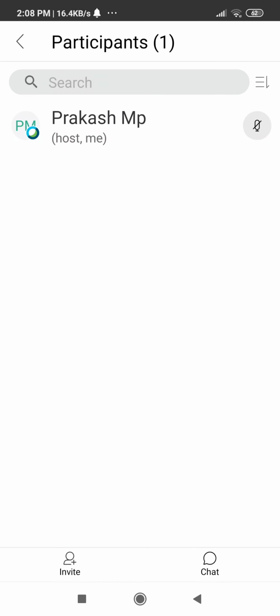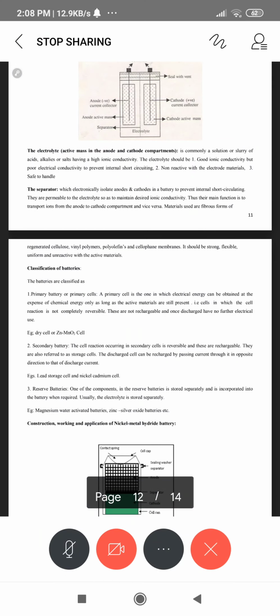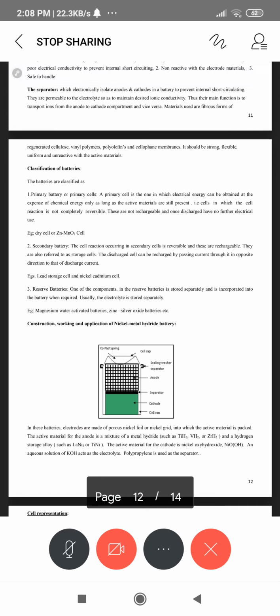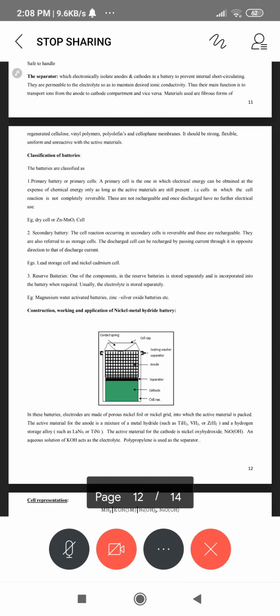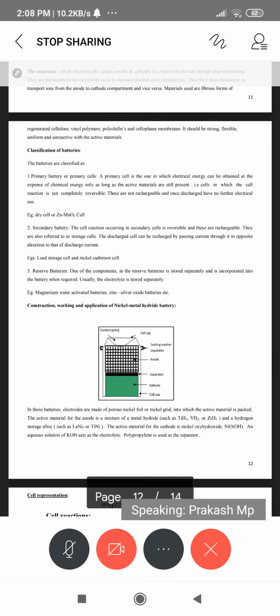Followed by this, there are two types of batteries they have given. One is the nickel metal hydride battery, and another one is the lithium ion battery. These two are modern types of battery. Of course, in them no water is released at the time of discharging and recharging reactions.